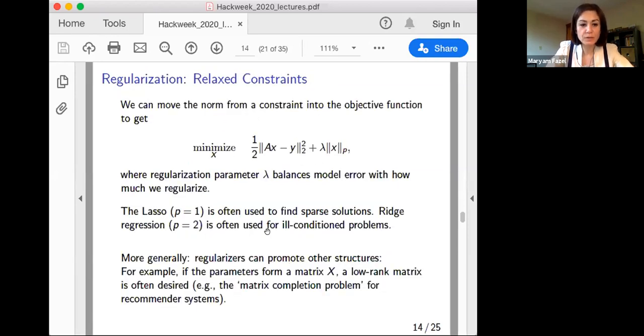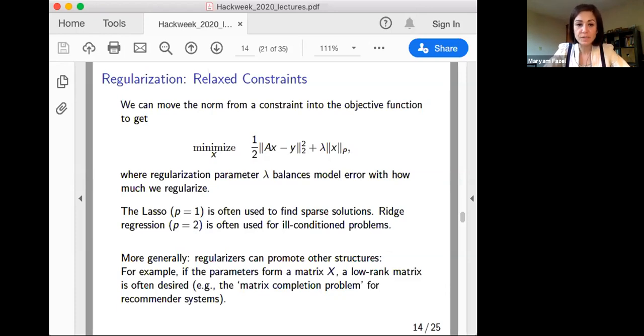We can move the norm from a constraint into the objective function to get the following problem, which now has a regularization parameter, lambda. Lambda balances model error with how much we regularize, the amount of regularization. Regularization can promote other structures too.